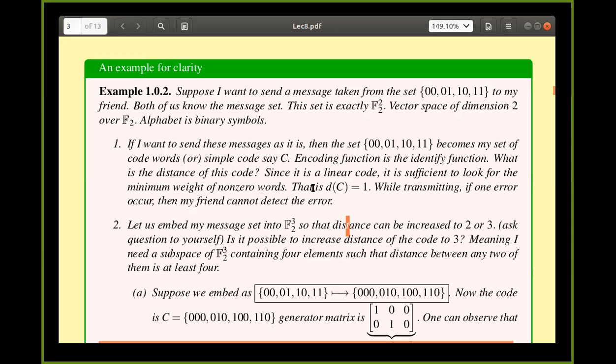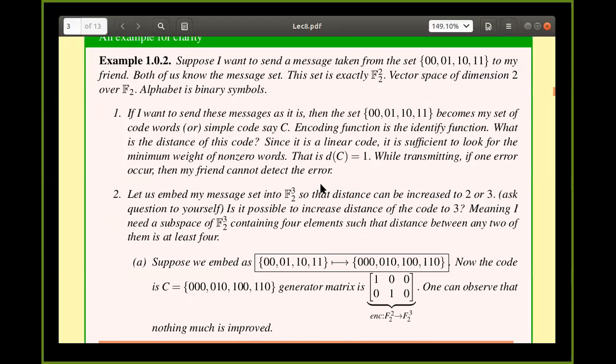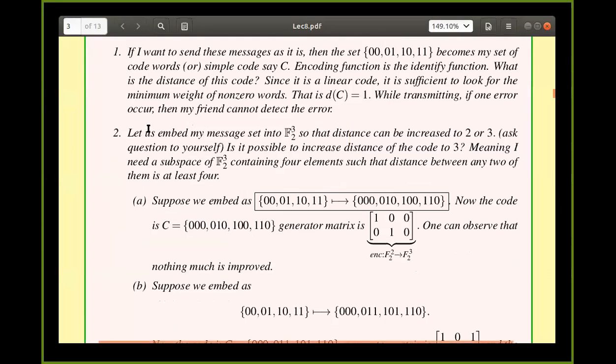So to avoid this situation, we will try to embed the message set into F2 power 3, so that the distance can be increased to 2 or 3. Also ask a question to yourself; I am helping you with how to ask in coding theory: is it possible to increase the distance of the code to 3?